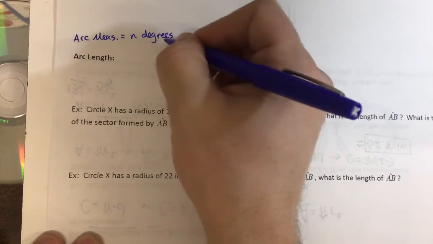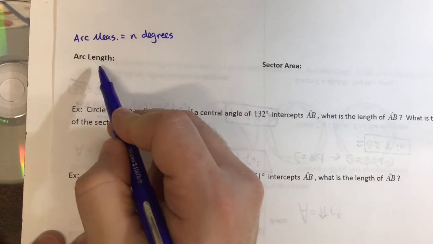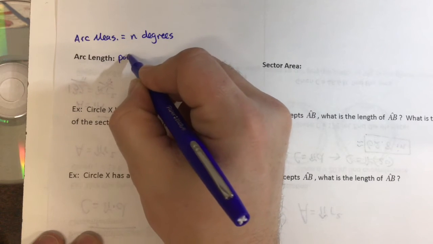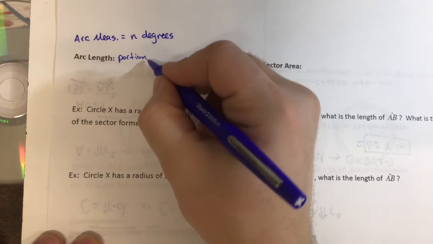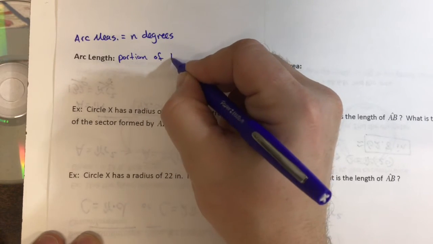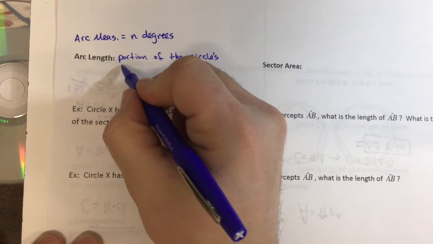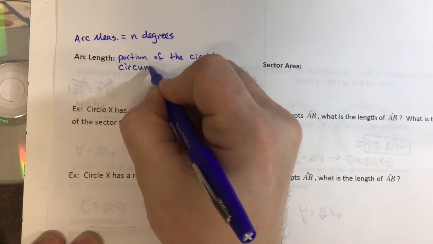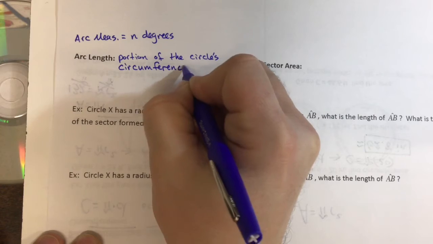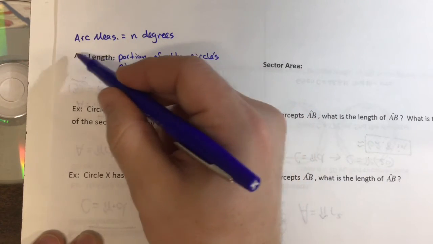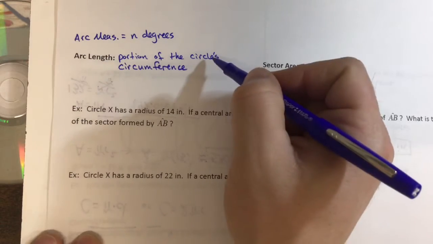Okay, arc measures are given in degrees, but an arc length, that is a portion of the circle or a portion of the circle's circumference. Because we're dealing with the length all the way around as the circumference, so any portion of that for an arc would just be a portion of the circle's circumference.